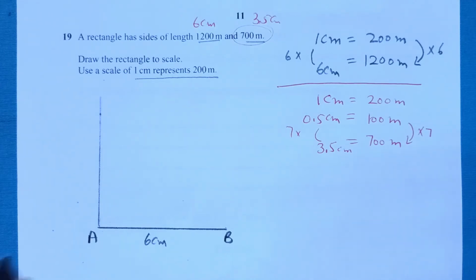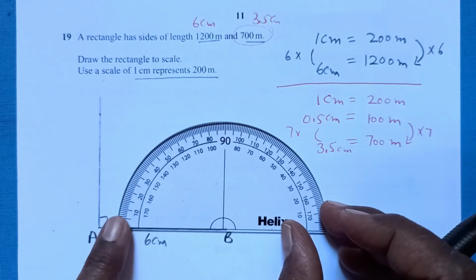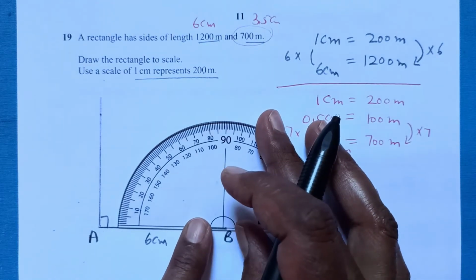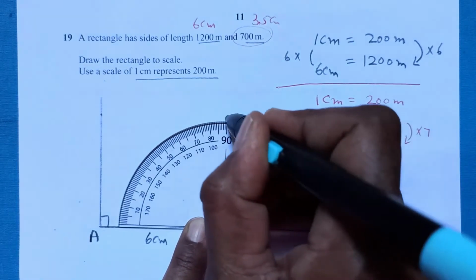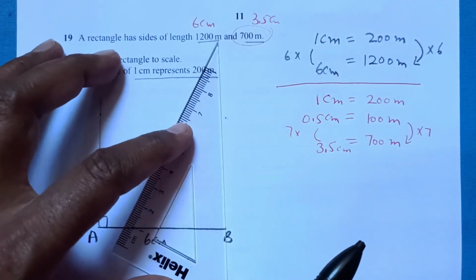On the other side also this is 90. Now at point B again we are going to draw an angle of 90 degrees, like this.